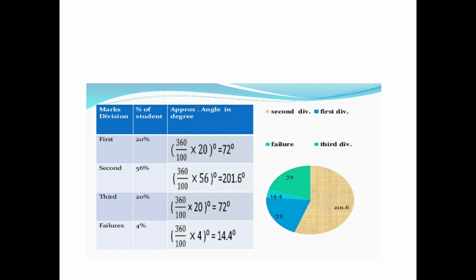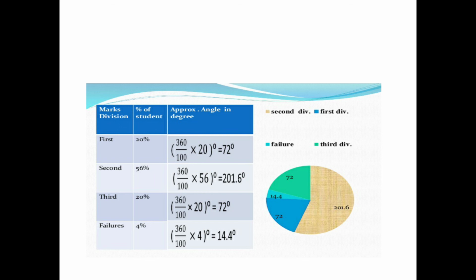Now the approximate angle in degrees. How do you find the angle? 360 degrees, divided by 100 because it has been given in percentage, into 20, is equal to 72 degrees.